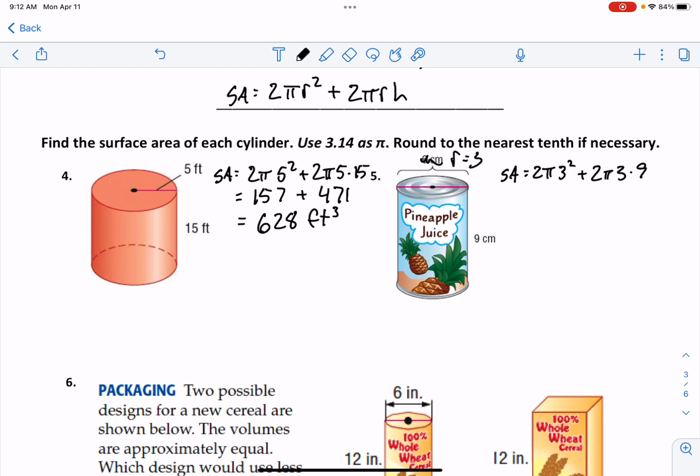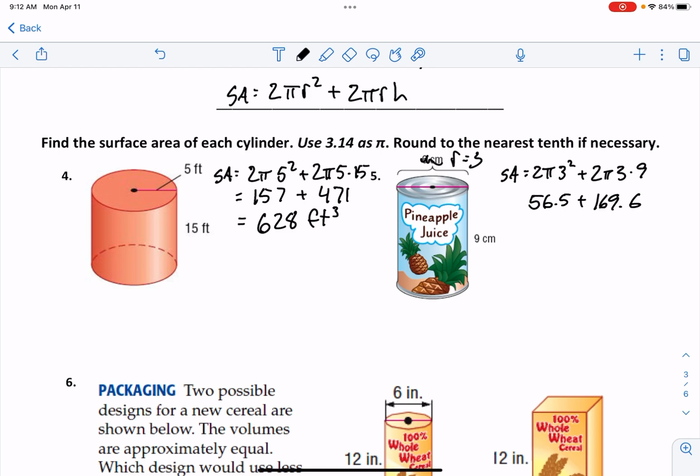So 2 times 3.14 times 3 squared, which is 9, is going to equal 56.5. Plus 2 times 3.14 times 3 times 9, 169.6.